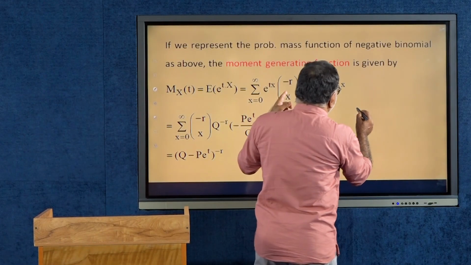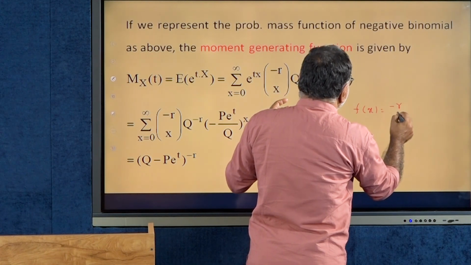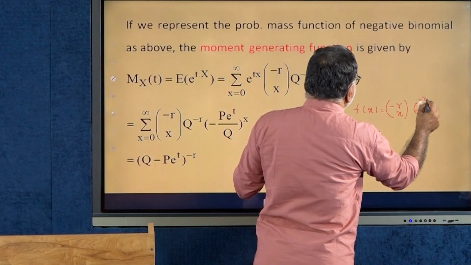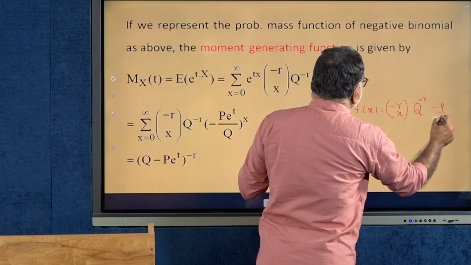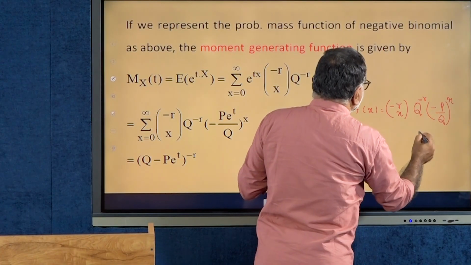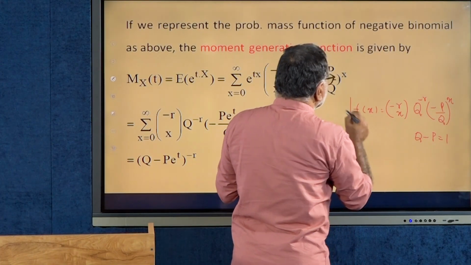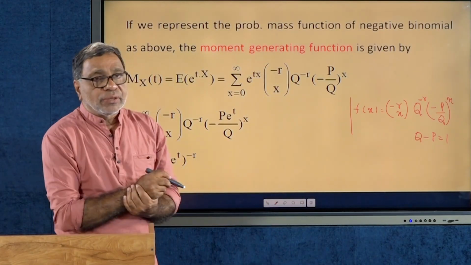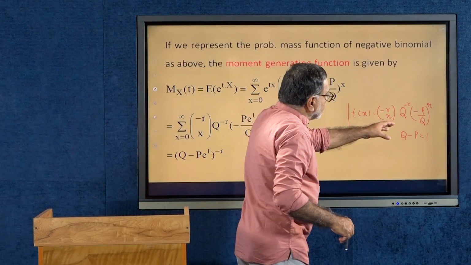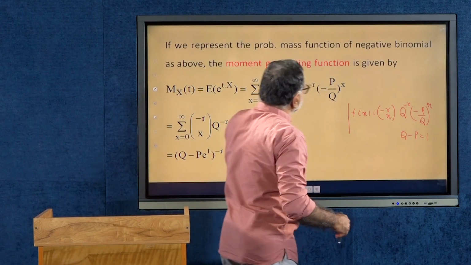Already we have f(x) = -rCx q^(-r) (-p/q)^x, where q minus p is equal to 1. This is the probability mass function we have. You substitute here.